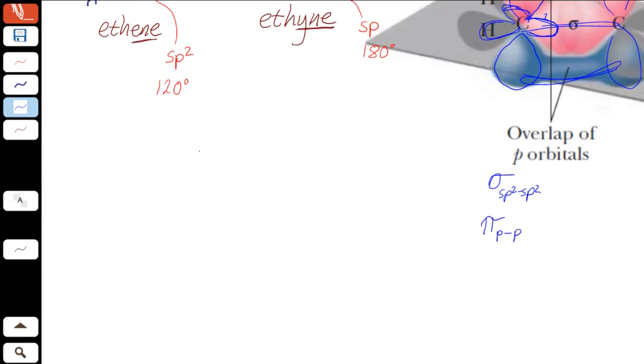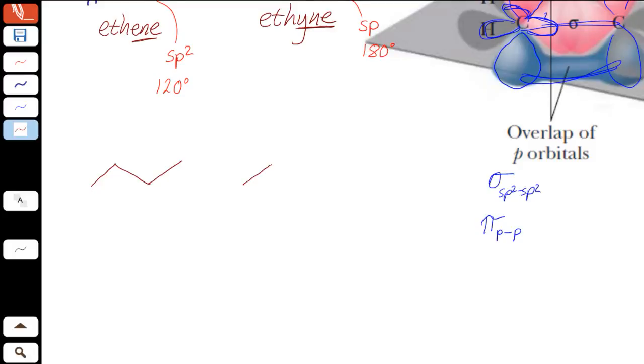The other thing that causes is a type of stereoisomerism in double bonds that we don't have with single bonds. So if we look at butane, we would draw butane like that, but we could also draw it like this, and we would say those are the same. Or more accurately, we'd say they're conformers. They're different conformations.